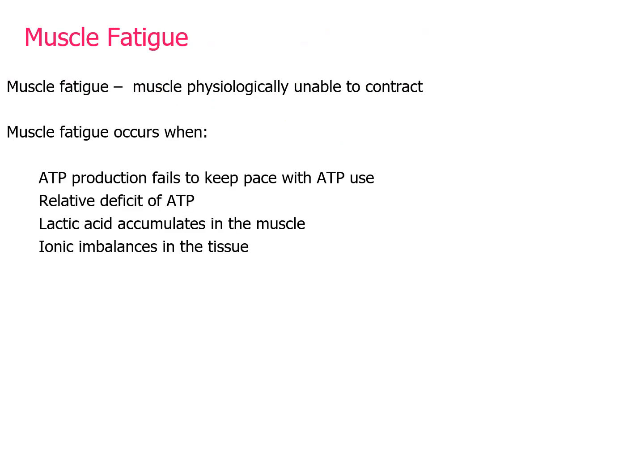Okay, so we were talking really about muscle fatigue when we talked about that spectrum, kind of gradual shift over to lactic acid fermentation. And fatigue in fact is occurring because the ATP production cannot keep pace with the usage, the depletion of ATP.